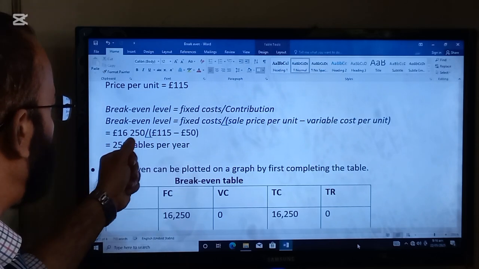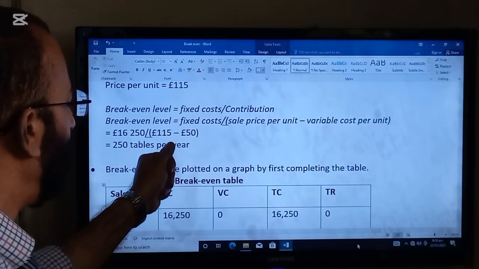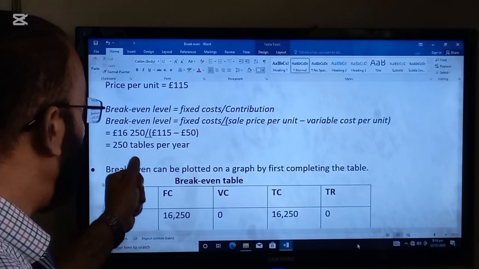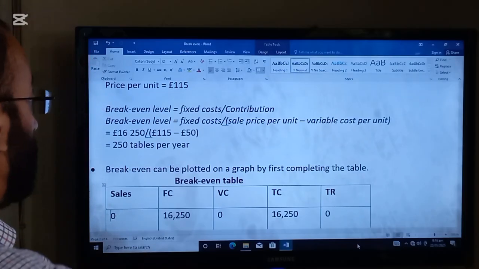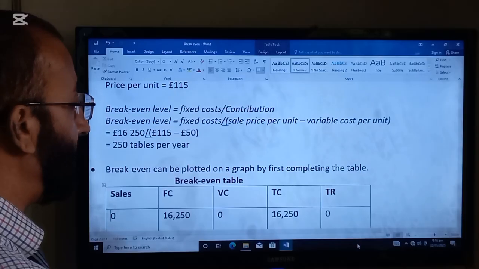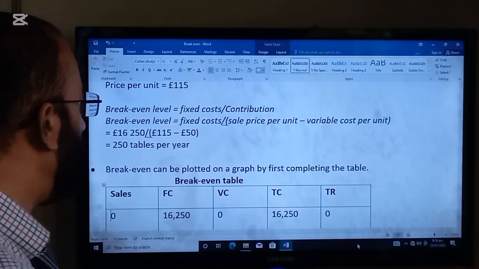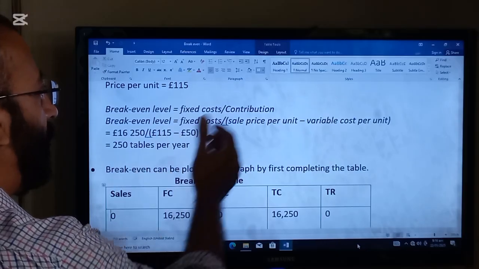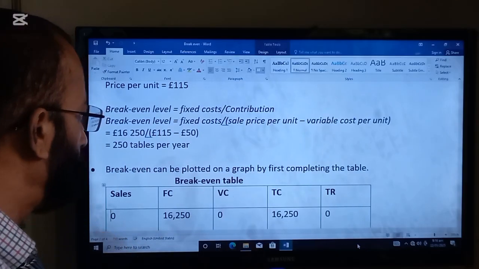So 16,250 over 65, solved on the calculator, gives us the answer: 250 tables per year. This is the level which gives us break even, at which no profit and no loss will occur. So we have found the break-even level by using the formula.